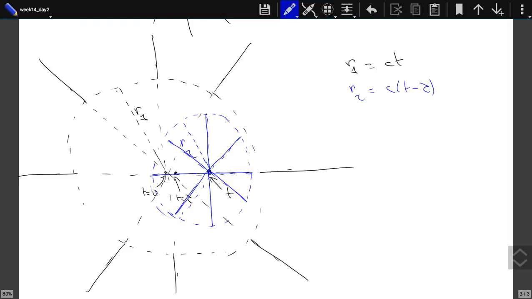Well, the exact shape is not that important, but more or less they will look like this. This will connect here, this will connect here, this will be straight. This is how the electric field lines will look like.